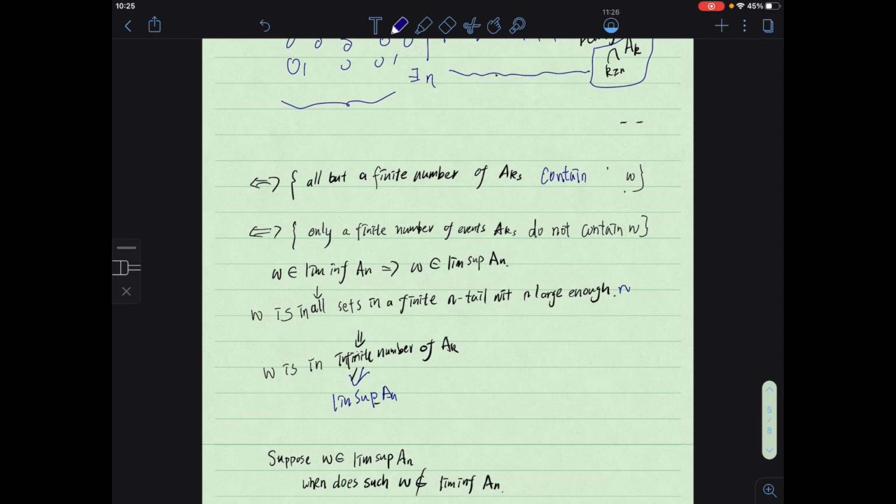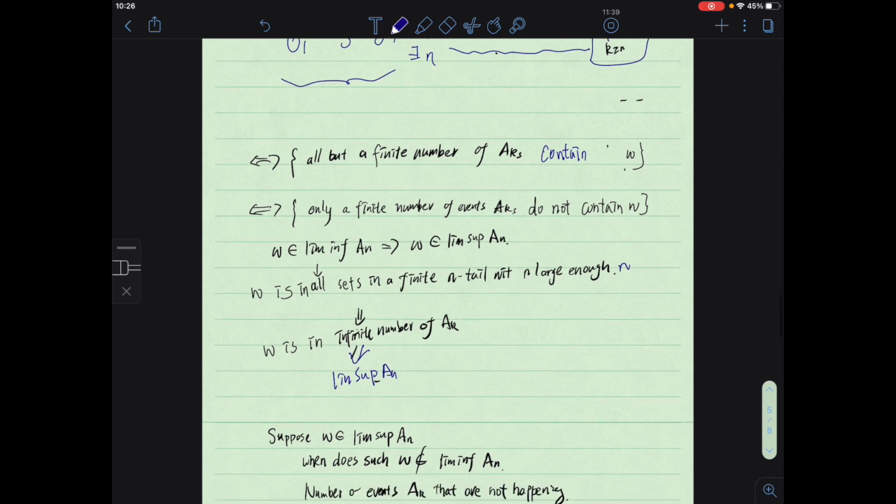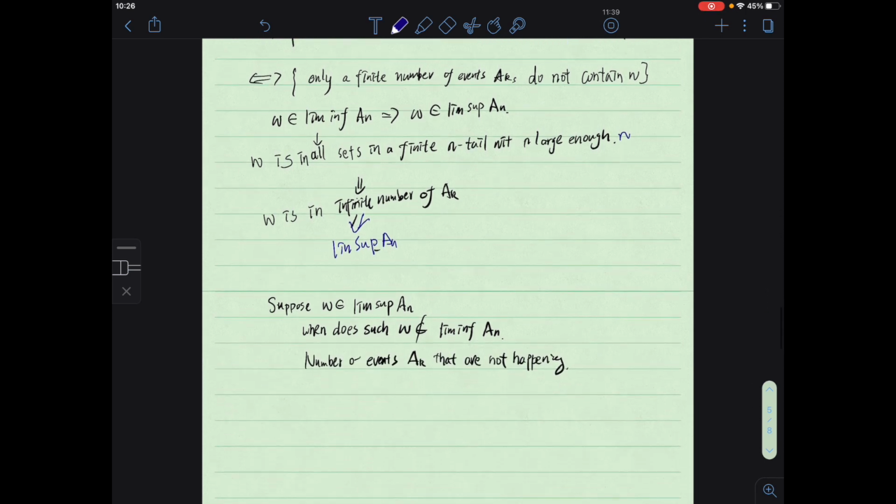Now let's look at the other direction. Suppose we have omega that belongs to the limit superior of the sets. Does it mean it also belongs to the limit inferior of the sets? Well, let's write it out.